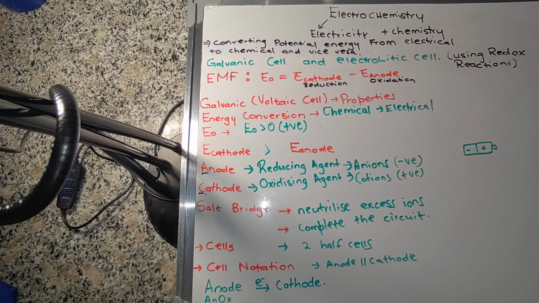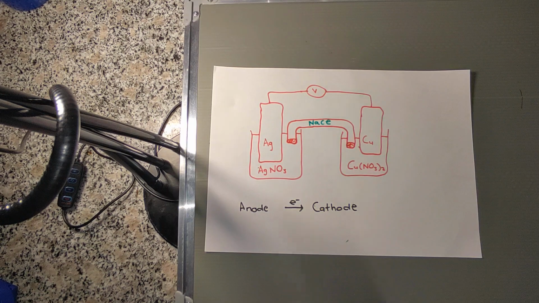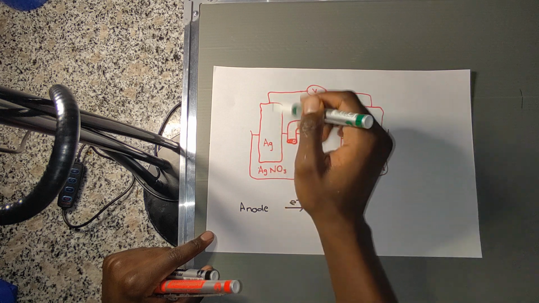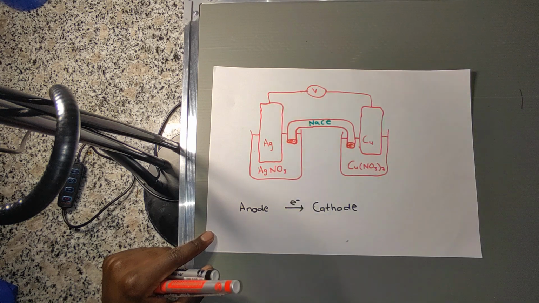Now let us design a galvanic cell using silver and copper and try to interpret what happens in that galvanic cell. So this is a typical structure of a galvanic cell. Remember, we said it will have two half cells. It is a half cell when there is one electrode inside the solution.